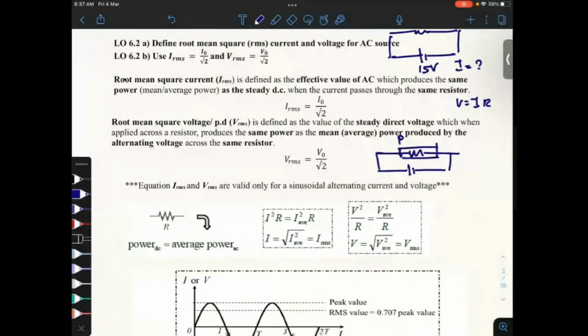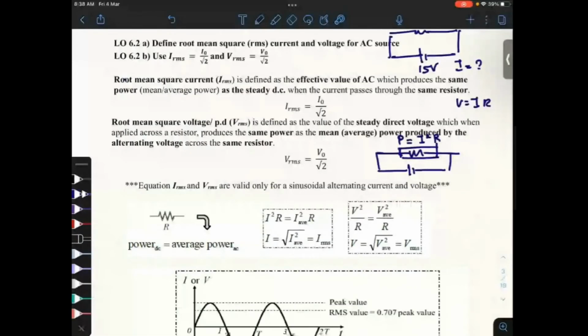Okay, dekat sini kita akan ada power across this resistor. Power that has been dissipated across this resistor adalah current yang akan lalu resistor ini, kita squarekan dia darab dengan nilai resistor itu. Itu adalah how much power you're going to dissipate across this resistor.